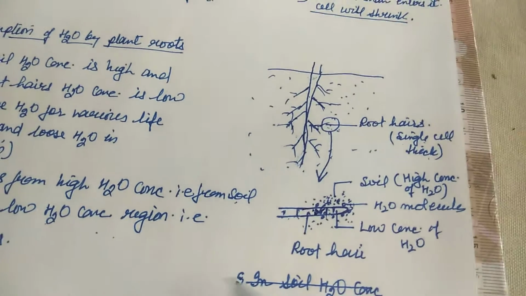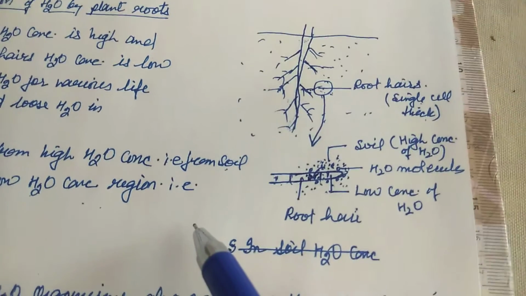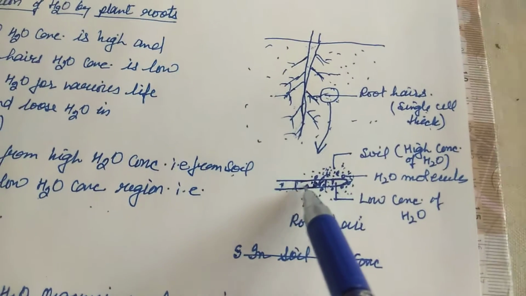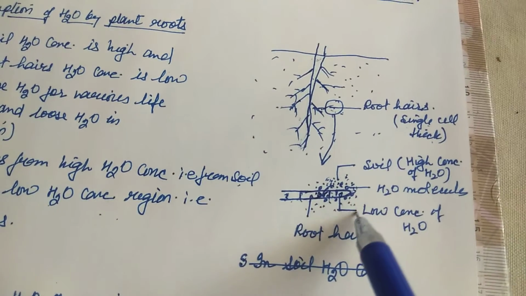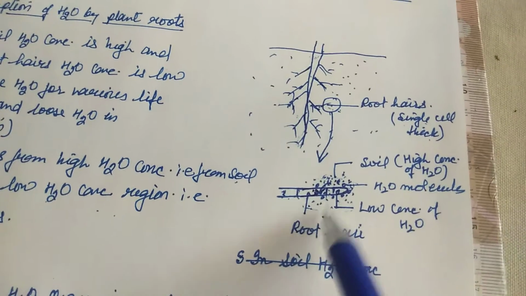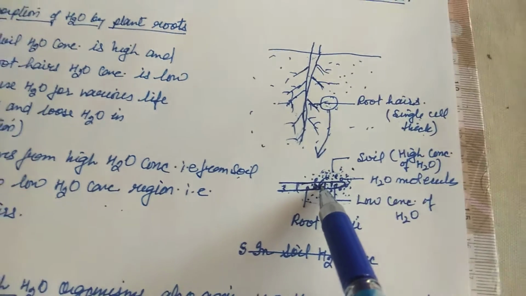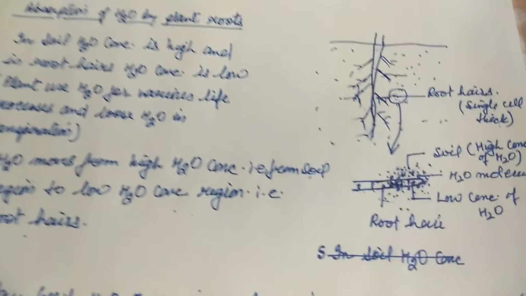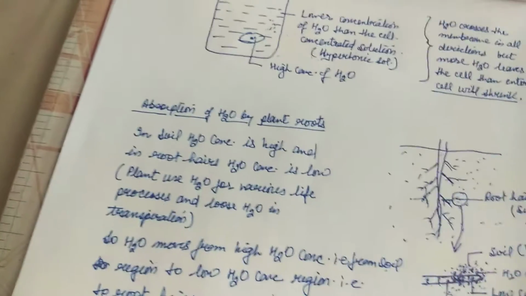And there the plants use it for different life processes like photosynthesis, and they lose water through transpiration. So the concentration of water is less in the root, but the concentration of water is high in the soil. So water moves from high concentration of water molecules to low concentration of water molecules. Okay? So this is the way plants absorb water. Clear? So this is the way plants do it.